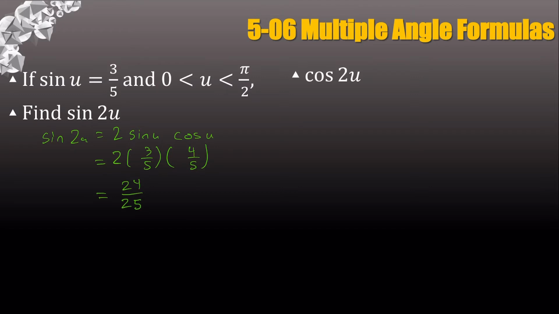Let's find cosine of 2u. All right, let's keep our little triangle here. Sine was 3/5. It doesn't matter which one we want to use, but since I know sine, it might be convenient to use 1 minus 2 times sine squared of u.